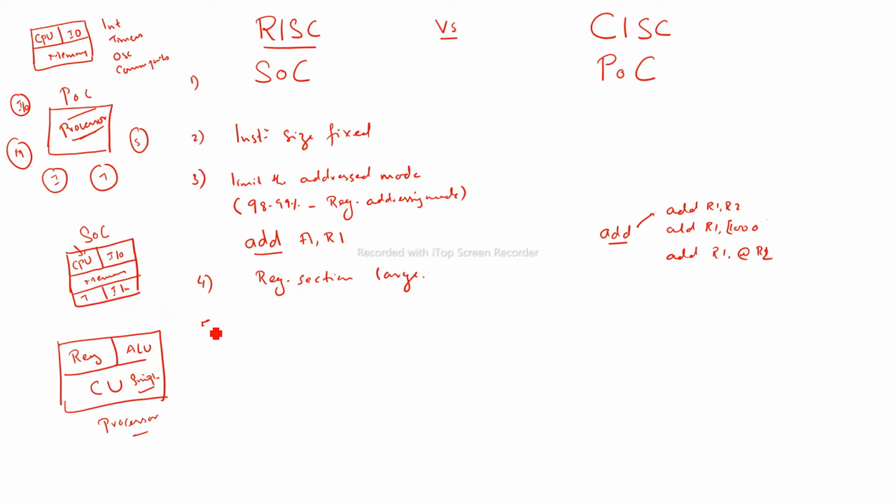Now the fifth difference is, suppose the data resides in the memory, and the registers that we have inserted into the processor are not enough, then you don't have any way for the data to reside in the memory. If the data resides in the memory, then how do you fetch that data and bring it into the register?